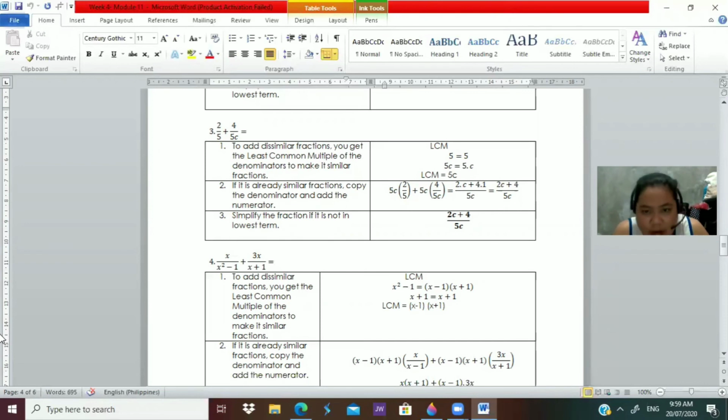Although nakikita nyo na meron akong sagot dyan, pero gusto ko pa rin makita kung ano yung solution ninyo. Okay, so I'm going to leave number 3, but this is the answer. 2c plus 4/5c. Okay, pakitandaan, 2c plus 4/5c. So, yan yung answer.